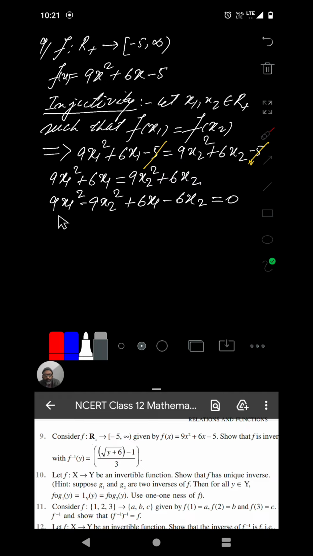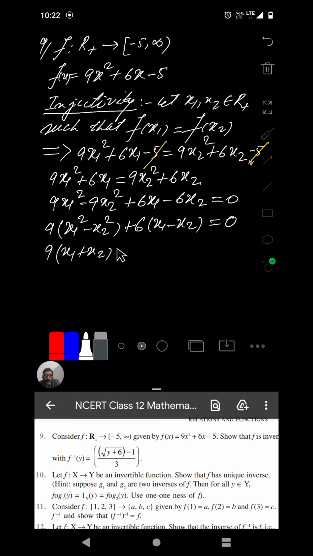Out of the first two terms, 9 is common, so we have inside the bracket x1 square minus x2 square. And out of the next two terms, 6 is common, leaving x1 minus x2 in the bracket. Here applying the identity a square minus b square, we may write it as 9 (x1 plus x2)(x1 minus x2) plus 6 (x1 minus x2) is equal to 0.